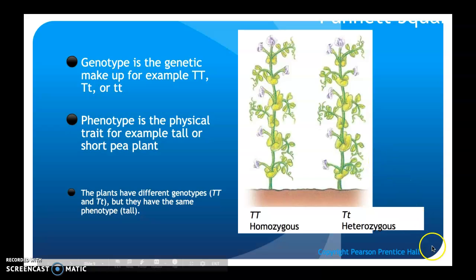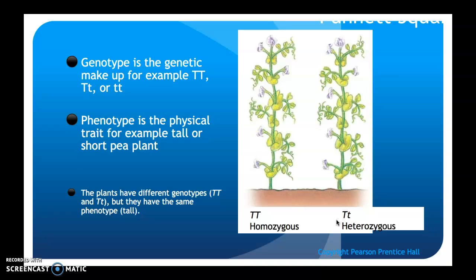So if you look at the picture to the right, we have a homozygous dominant pea plant that's tall, and we have a heterozygous pea plant that is actually also tall because the dominant trait will win. If we looked at both of these pea plants in our gardens, in real life, let's pretend, we would not know that one is big T, big T, and the other one is big T, little t, unless we did a genetic test.